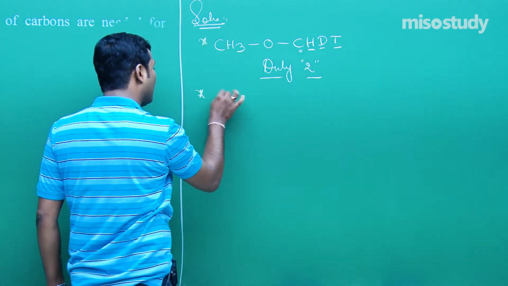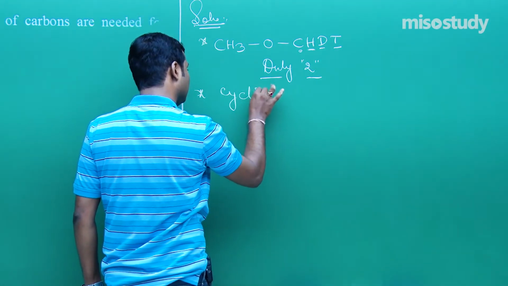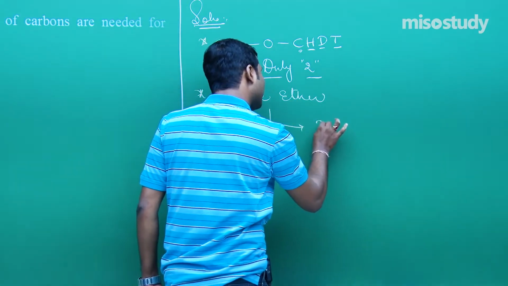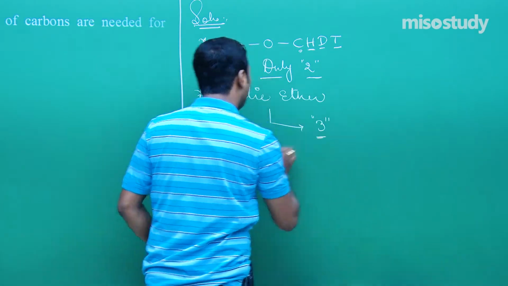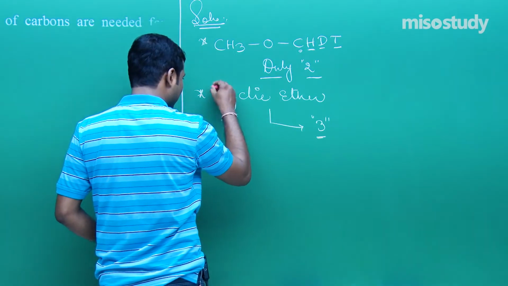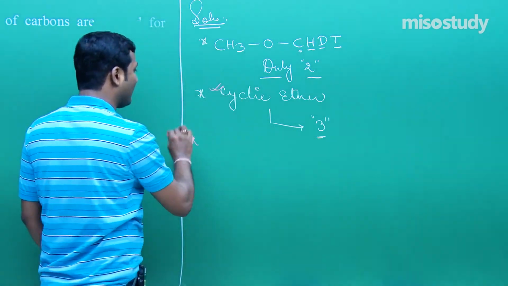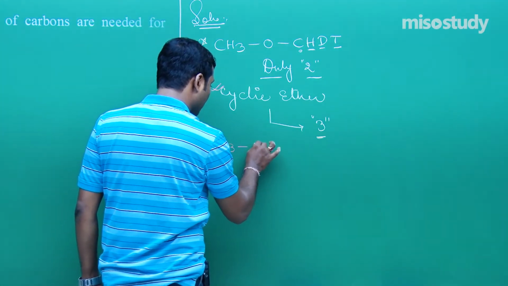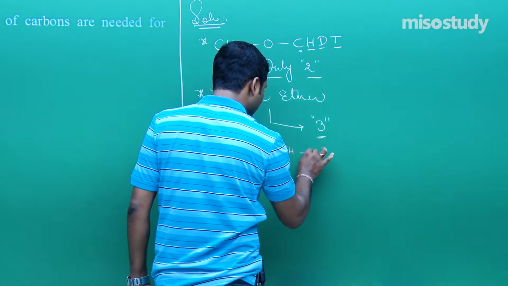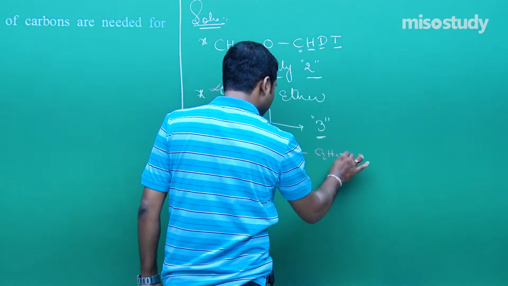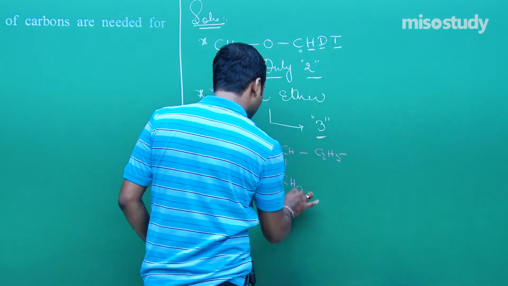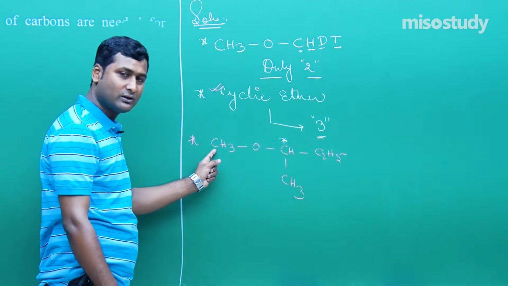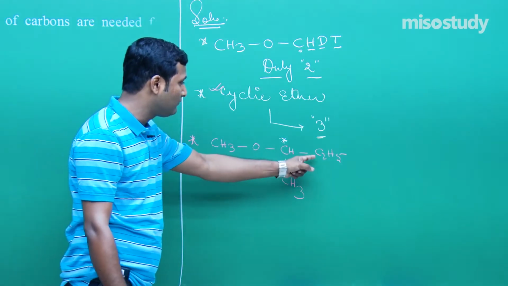If I talk about the cyclic ether, then minimum number of carbon is just 3. So this is the correct answer. If I talk about the non-cyclic ether, if I write CH3OCH(CH3)C2H5, clear to you? Now this one is also optically active. Then in this case, total number of carbon 1, 2, 3, 4, 5.